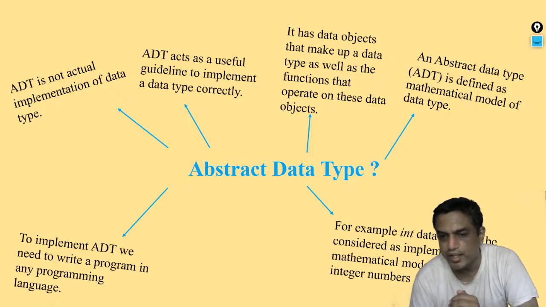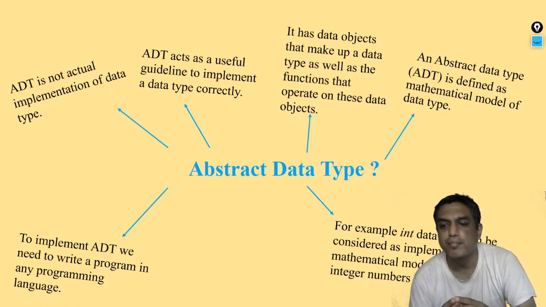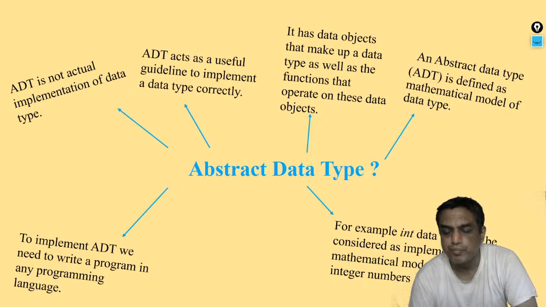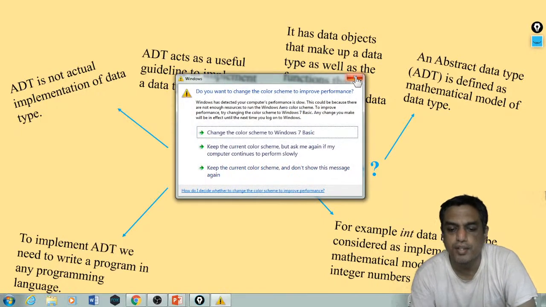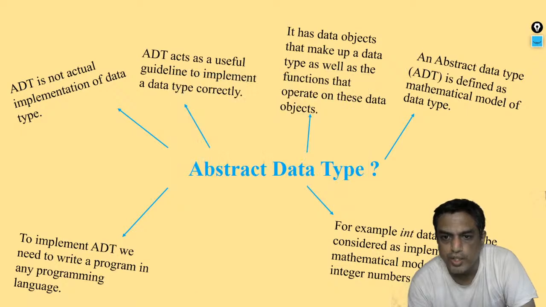For integer numbers I can perform addition, multiplication, division and subtraction. So if I write a C program in such a way that I am introducing a new data type, before writing a program I will prepare a mathematical model of this same thing, and let us see how to do that.